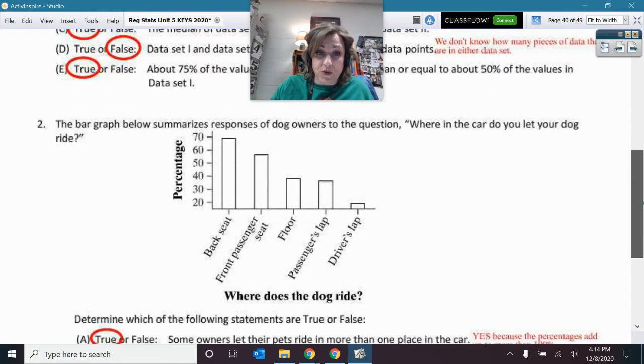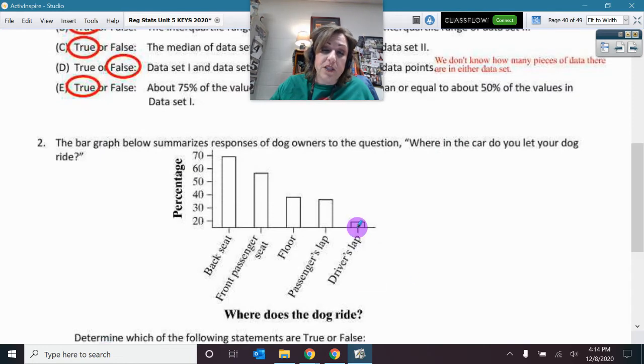Let me look at those real quick. Here was the driver's lap, and here was the passenger's lap. The driver's lap looks like about a fourth of the passenger's lap, but in actuality, it's only a half.